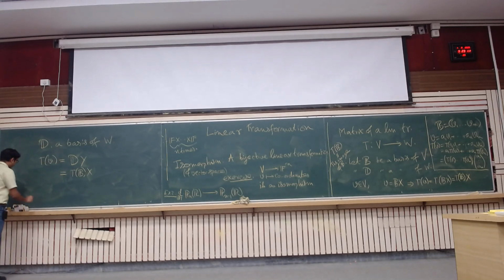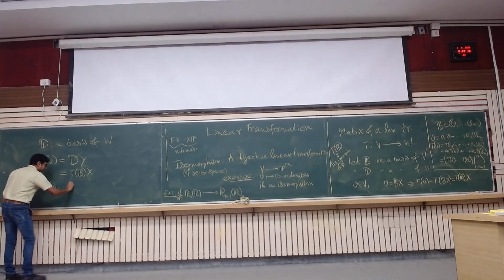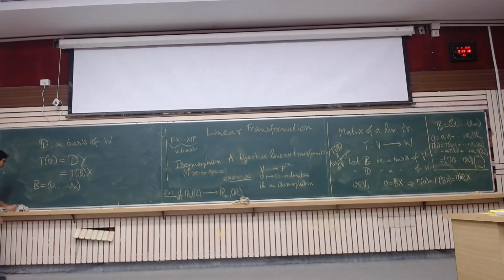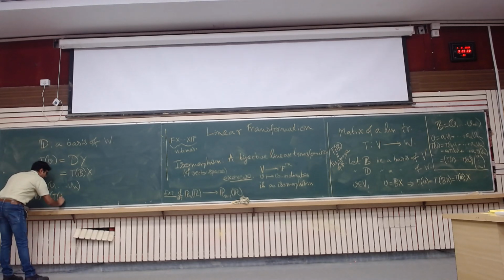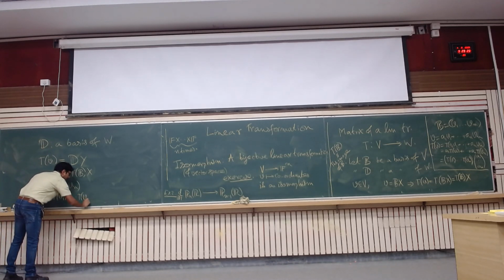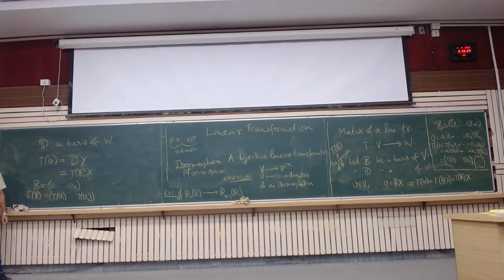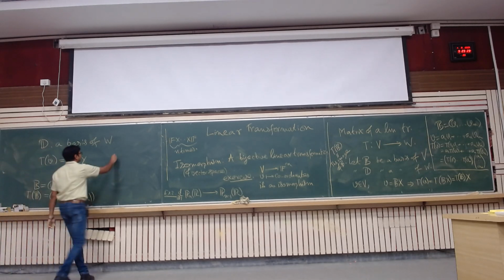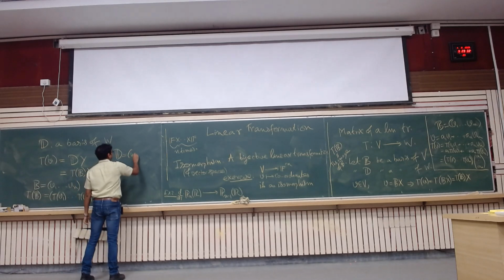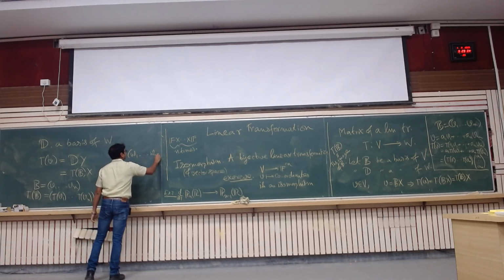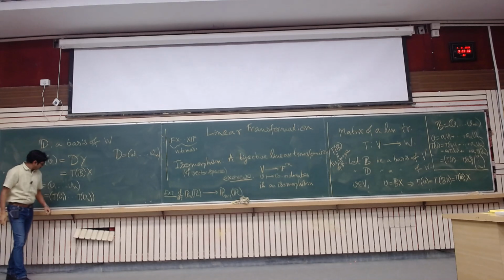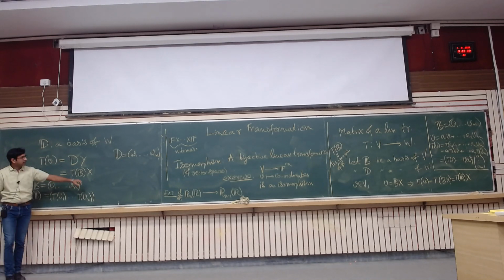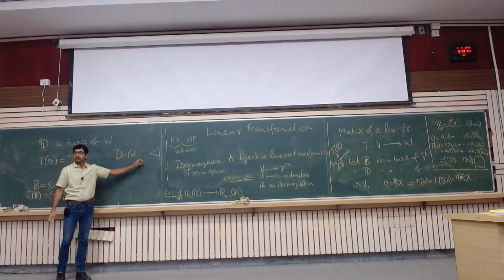Now, B we said that this is the vectors V1 to Vn, right? So T B is just the image of B, which is T of V1 dot dot dot T of Vn, right? And suppose D is given by W1 dot dot dot Wm. So each of these, T of V1 to T of Vn, we can express as a linear combination of W1 to Wm, right?